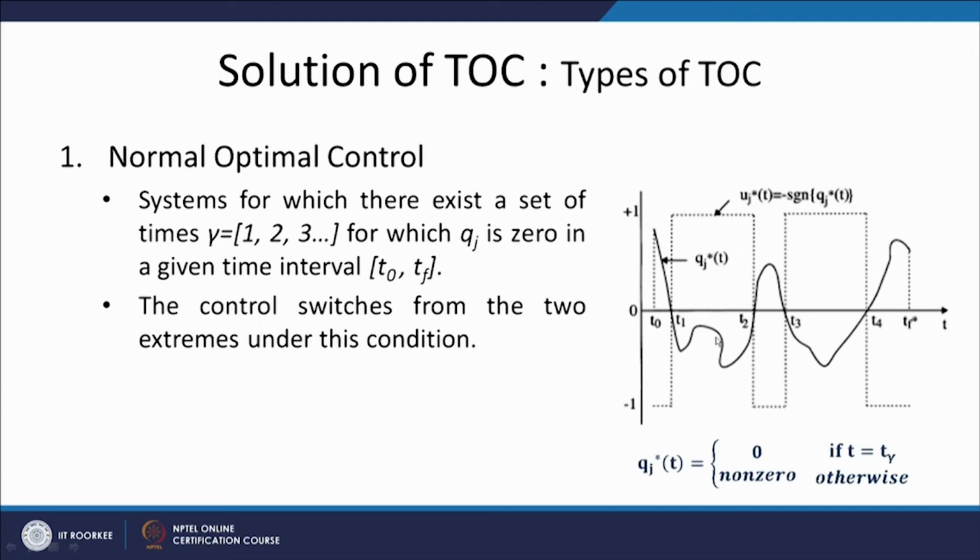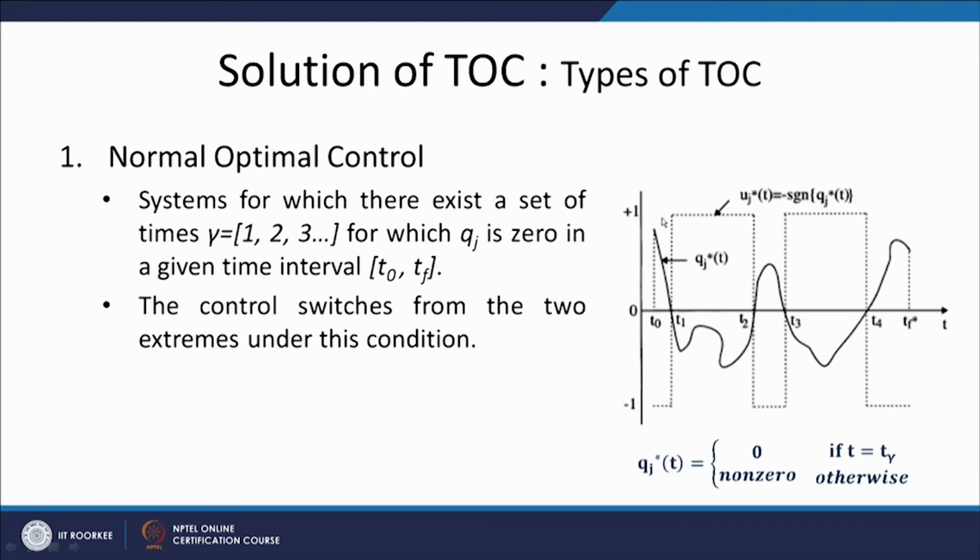So, by the variation of the qt, my control will switch from the minimum to the maximum value, either minus 1 or plus 1. So, between these two my switching will take place. Such type of system we call the normal time optimal control system.